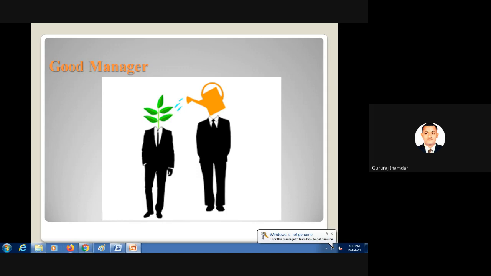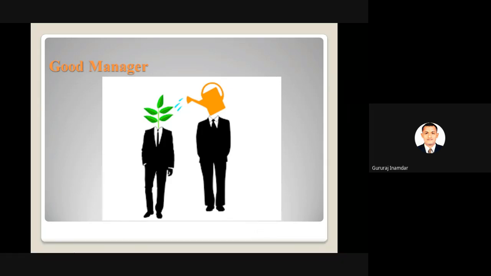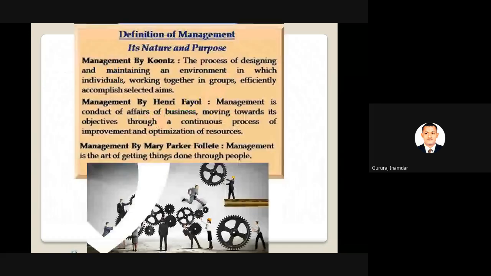Okay, now we can find out the good manager and bad manager. Okay, so keep in mind, in future we will definitely be good managers. Okay, so this is also our aim of this subject.